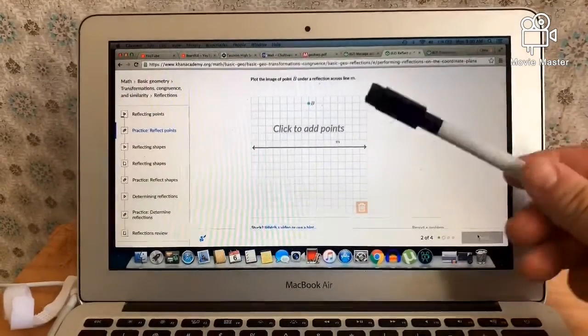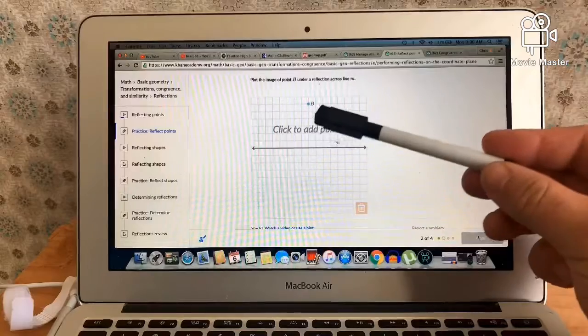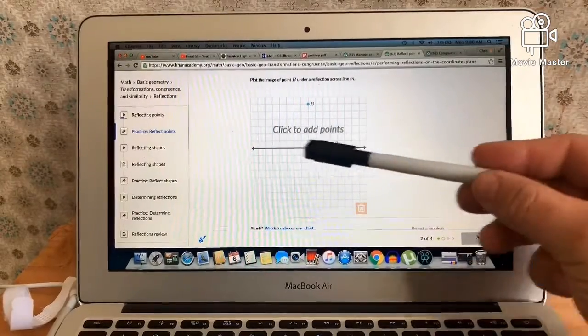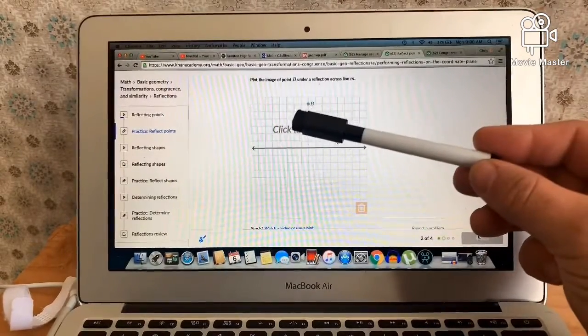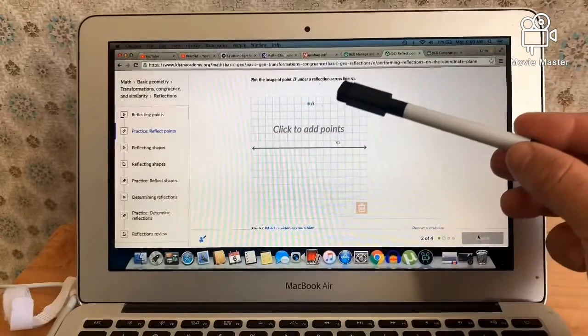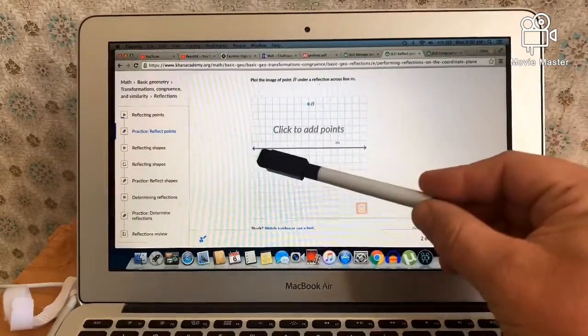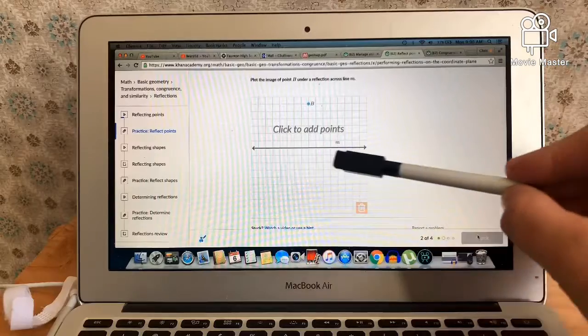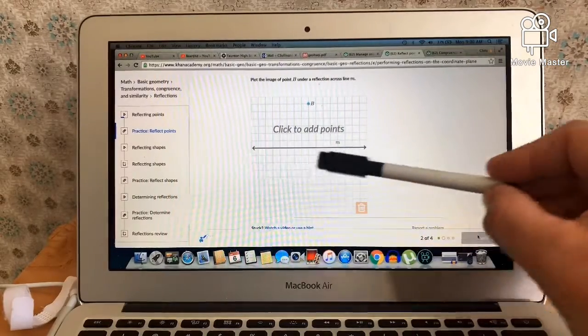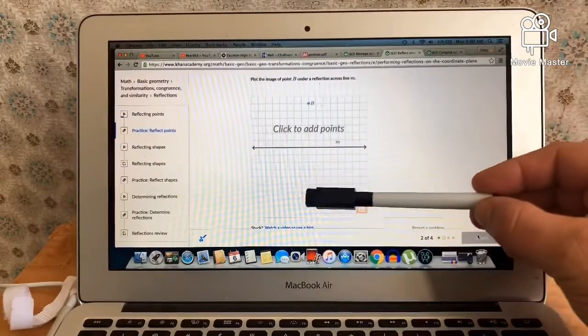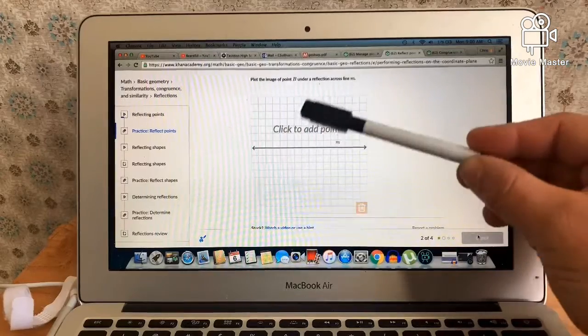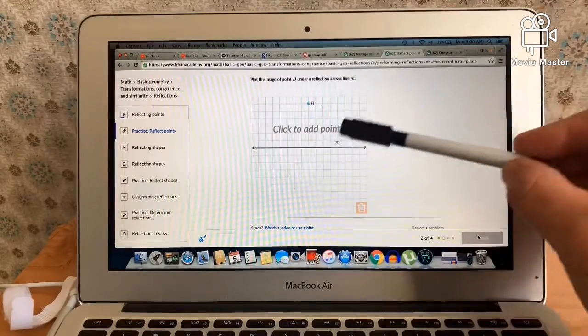Now here's one. It's not exactly on a coordinate plane, but we have a grid and we have a line here. So it says plot the image of point B under the reflection across line M. So again, you got to be careful. Where am I reflecting? So here's my line of reflection. So this B is going to flip over here. Okay, but where is it going to go? Well, in this one, I don't have any numbers.